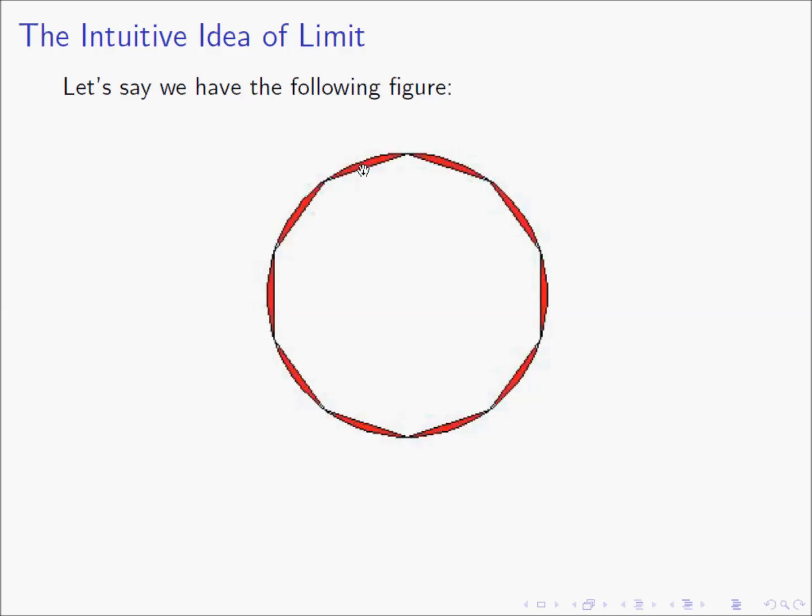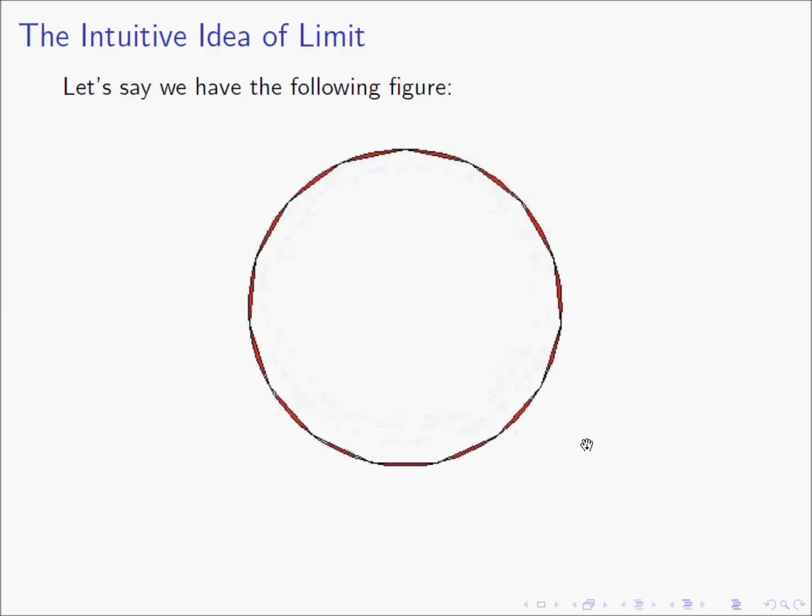There are less red areas now. So we're making a smaller error now. So the idea here is that we're going to keep on increasing the number of sides of the polygon, and with that we're making better and better approximations to the area of the circle.